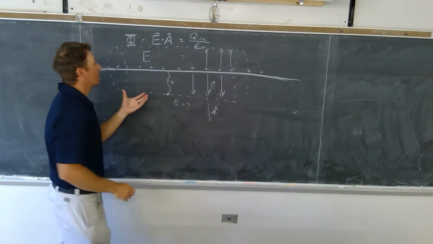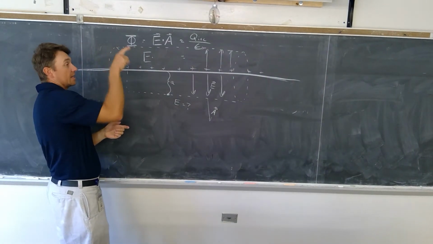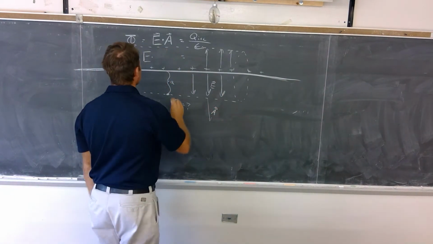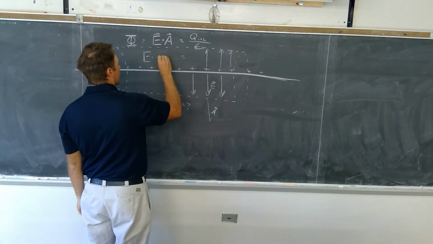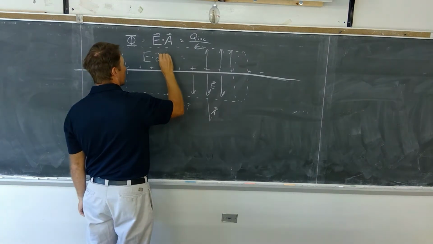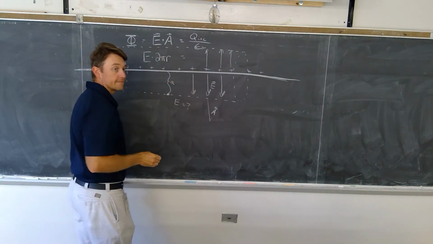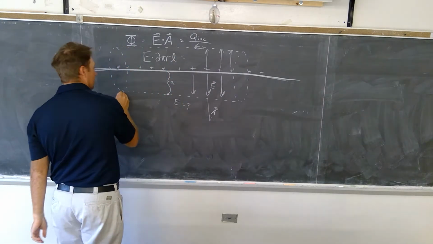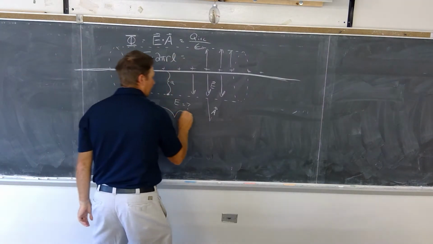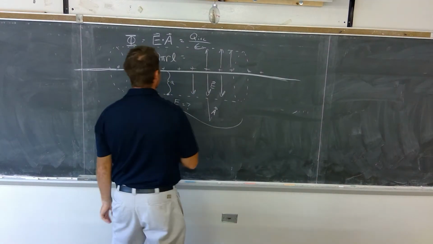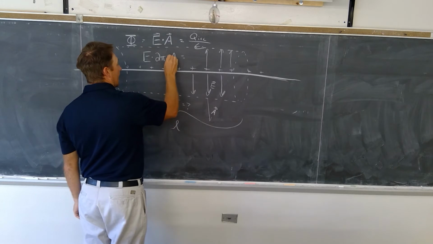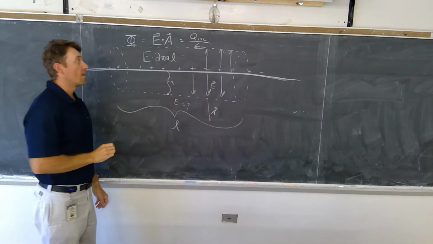The surface area of a cylinder is the circumference of a circle times the entire length of that cylinder. So I'm going to multiply here by the circumference of a circle, 2 pi r, times the length of my cylinder, which I'm going to call L, and of course that radius, I already told you, was a. That's the distance that I am away from the wire.